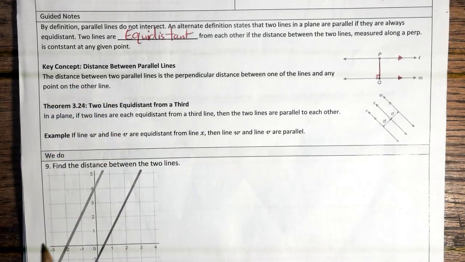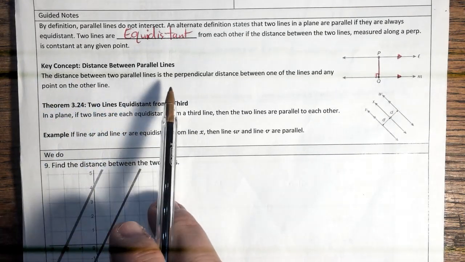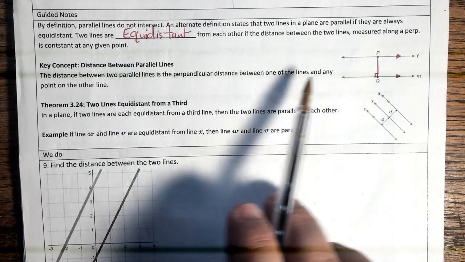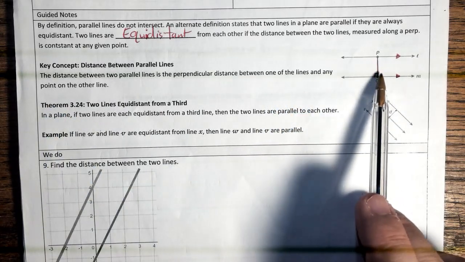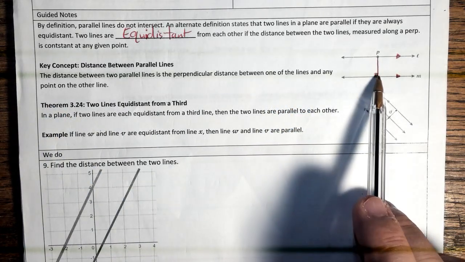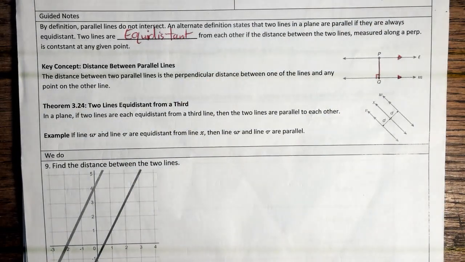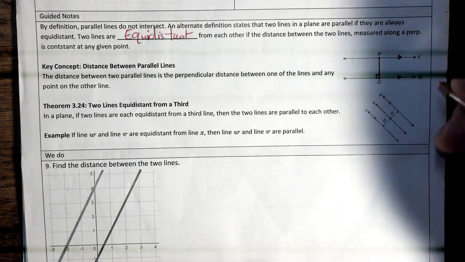So distance between parallel lines. The distance between parallel lines is the perpendicular distance between one of the lines and any point on the other line. So perpendicular one, and of course if it's perpendicular on one end, it's perpendicular on the other, but we'll leave it like that. Theorem 3.24 says two lines equidistant from a third. In a plane, if two lines are equidistant from a third line, then the two lines are parallel to each other.